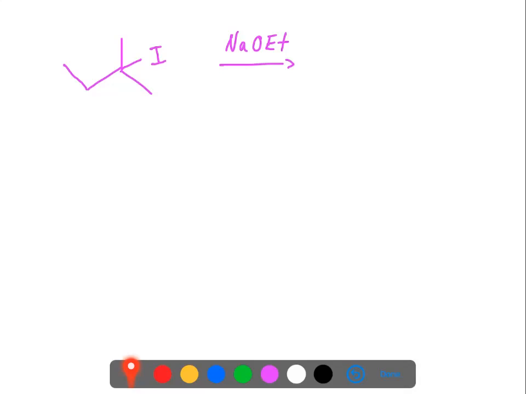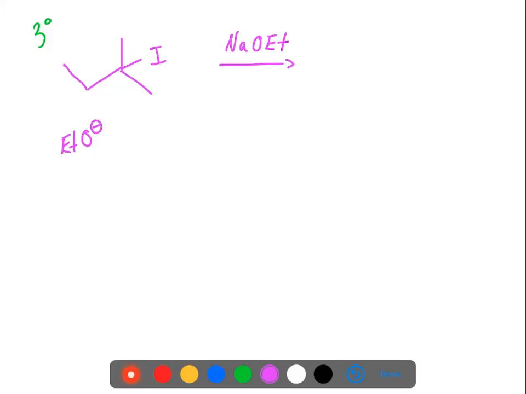This is the active species, the ethoxide ion. So this is a strong base, strong nucleophile, but in the presence of a tertiary alkyl halide, SN2 is not likely, it's not observed. And so the preference would be for the E2 mechanism.